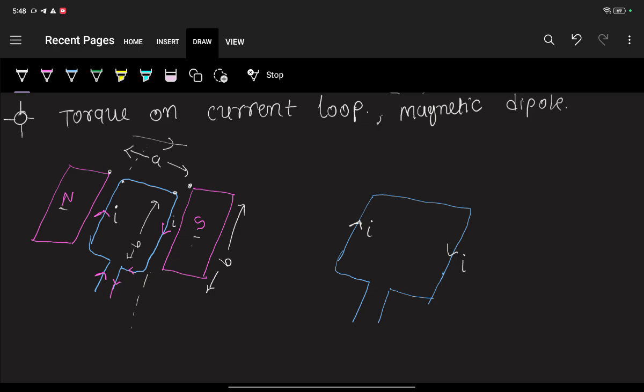So this magnetic field will apply force on this section in upward direction, and on this section it will apply force in downward direction. Because of these couple forces, this loop will rotate.